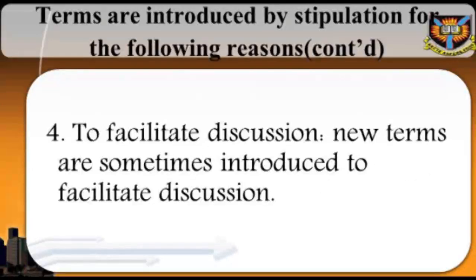4. To facilitate discussion. New terms are sometimes introduced to facilitate discussion. The origin of the term pragmatism, which has no dictionary meaning before its coinage, will serve as a good example here. Charles Sanders Peirce was a founding member of the pragmatic movement and is said to have introduced the term pragmatism.